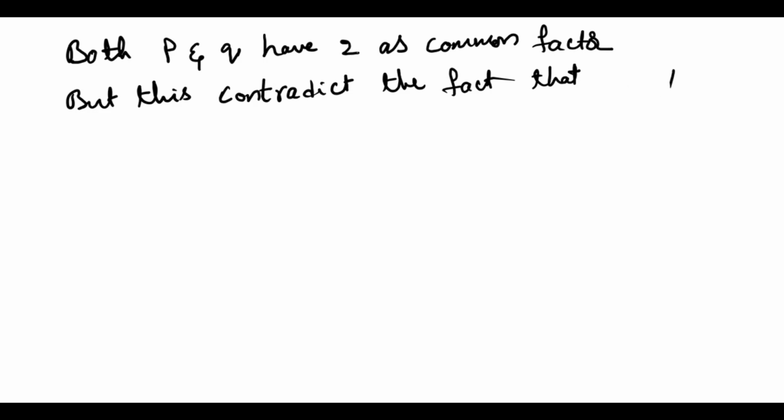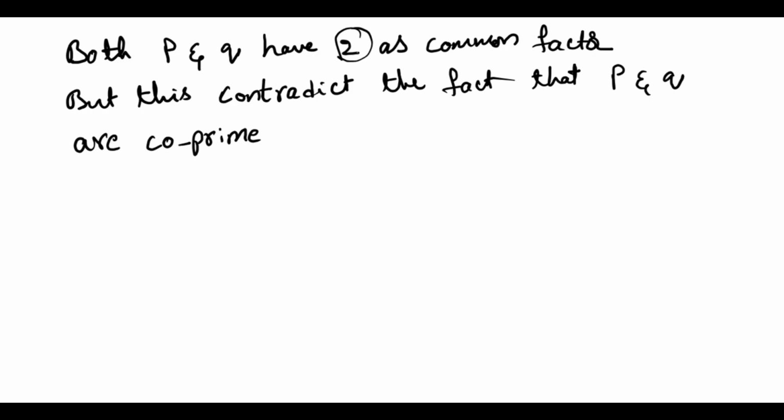We have taken P and Q. So P and Q are co-prime, right? Because first we have taken it as co-prime. Co-prime means they have no common factor. How did we get 2 as a common factor now?